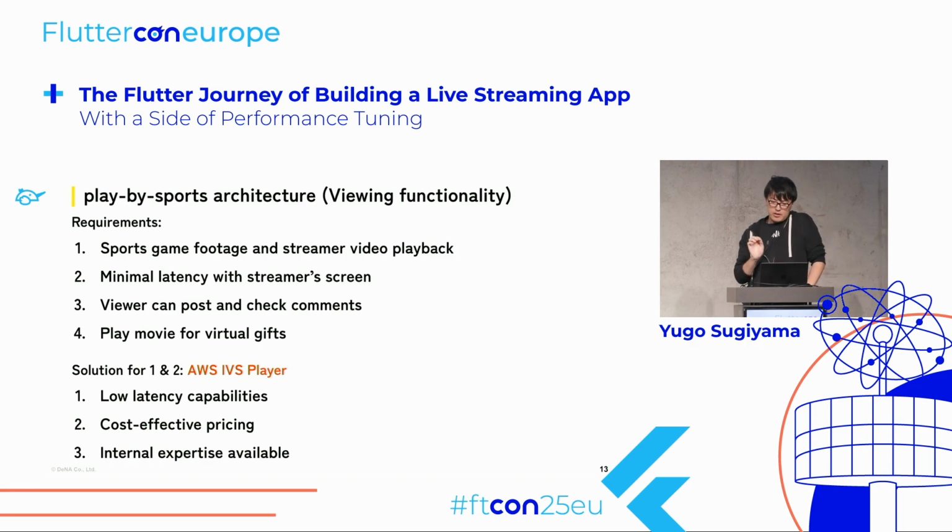With the standard video player plugin, playback itself works, but the latency can easily be tens of seconds. In our case, we need to keep the latency within just several seconds at most.